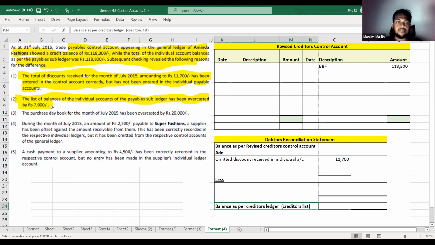Again, the individual balance is more, so that will be added. Overcasted creditors list balance. That is also a reconciliation.